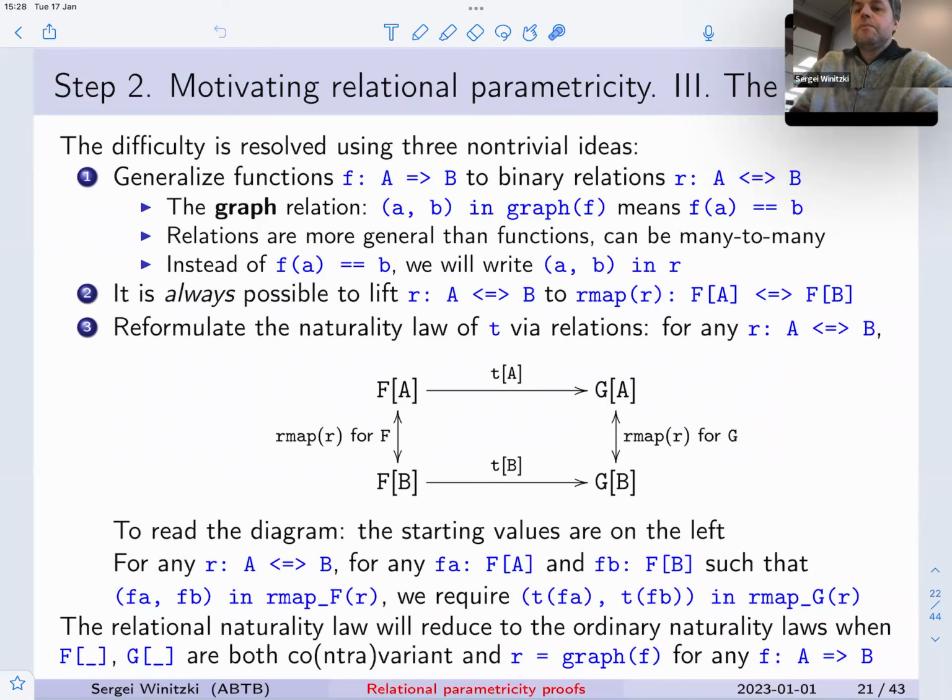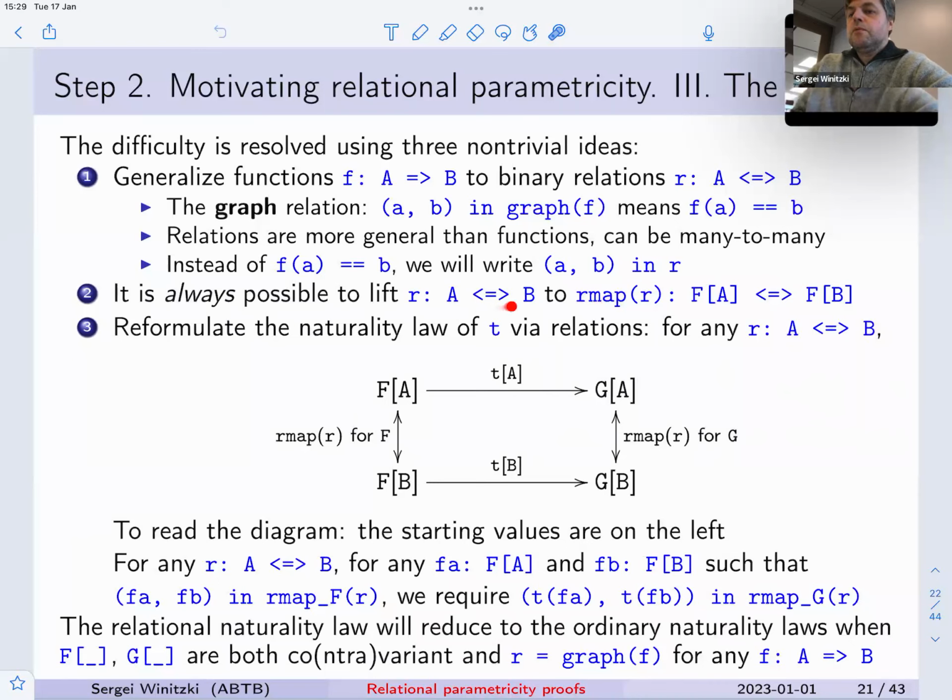Second step is to realize that once you do that, you can always lift a relation between values of types A to B to a relation between values of types f of A and f of B. The lifting function I denote by RMAP, by analogy with fmap. So fmap lifts functions and RMAP lifts relations.